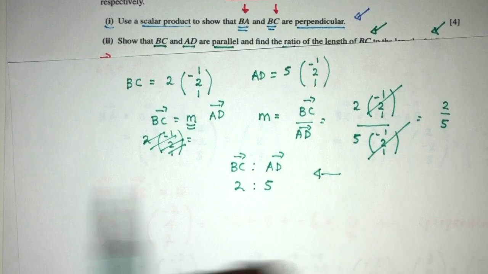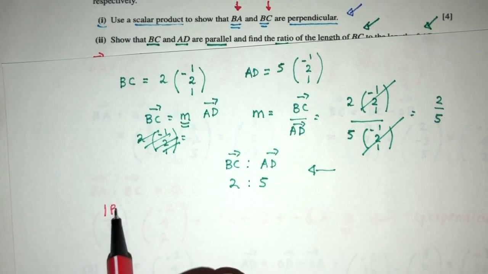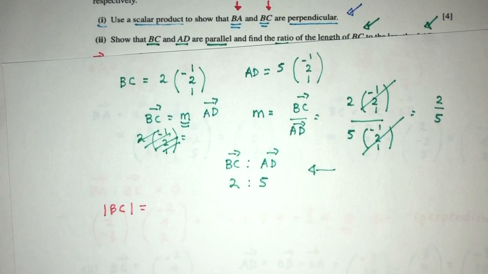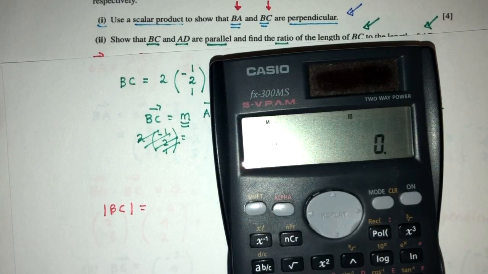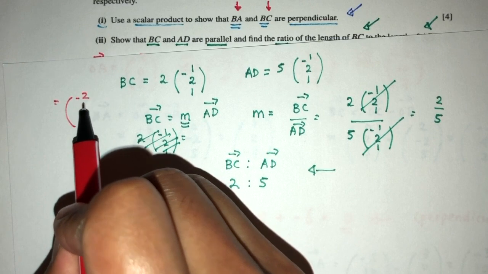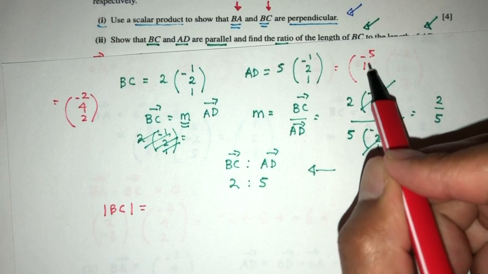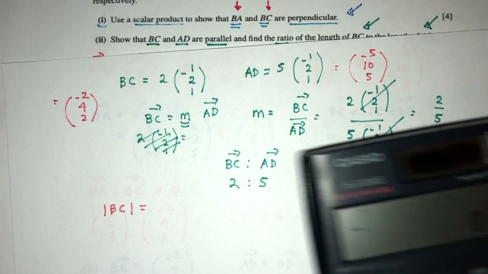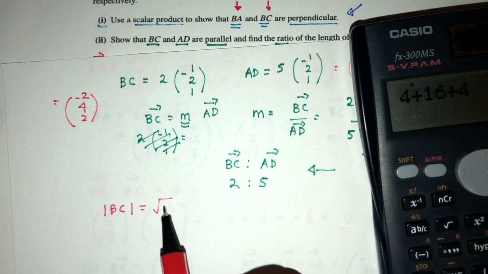This is one way of doing this question, and the other way is also pretty easy. We can first find the length of BC. BC was minus 2, 4, and 2, and AD was minus 5, 10, and 5. The length of BC will be the root of 4 plus 16 plus 4, which is root of 24.